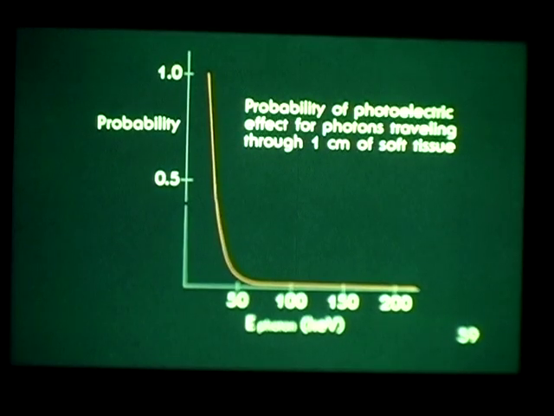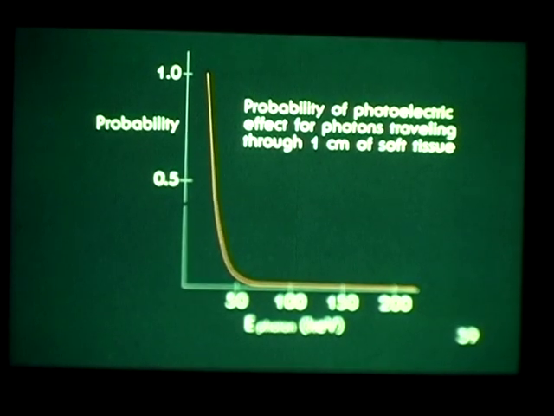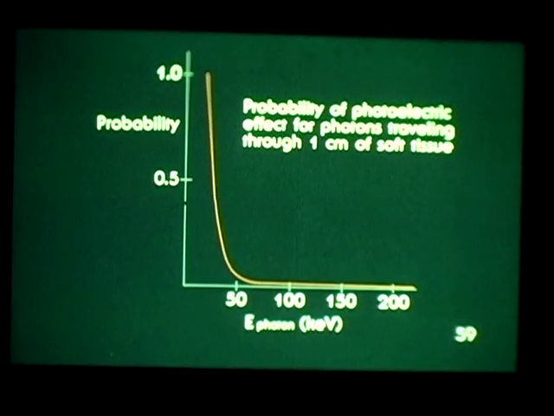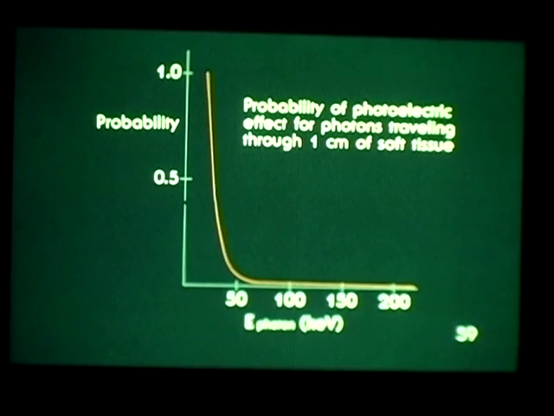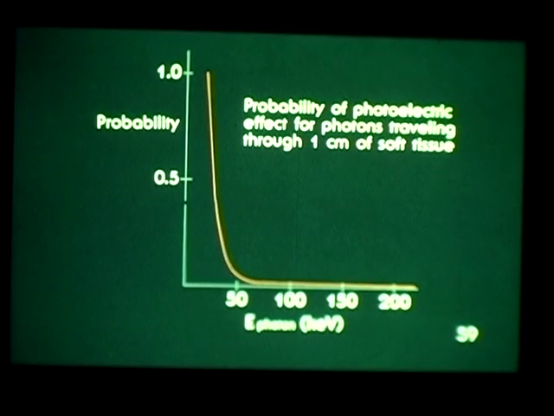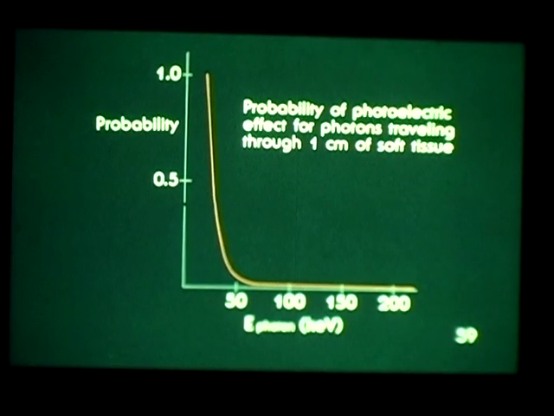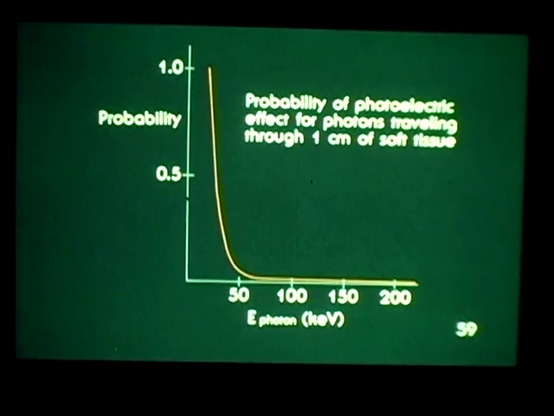Number 59. Here is a graph of the probability that a photoelectric interaction will take place as a photon travels through 1 centimeter of soft tissue. The method of calculating this probability is beyond the scope of this series, but the graph shown helps to illustrate an important principle of the photoelectric effect. The orange line represents the probability, and we see that the probability is high for very low energy photons.